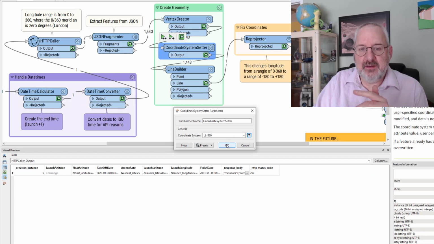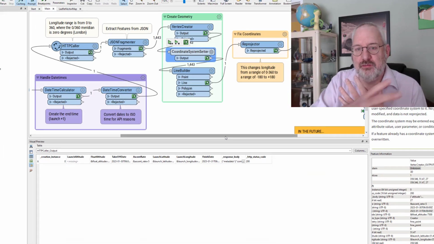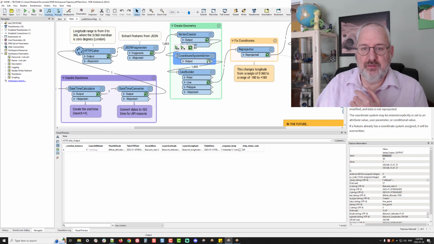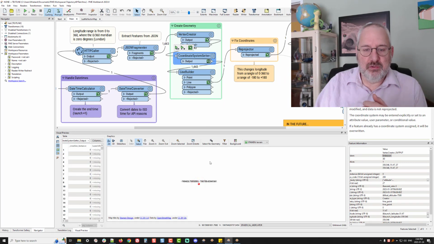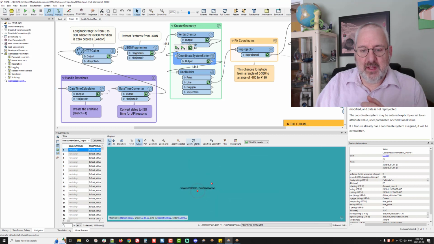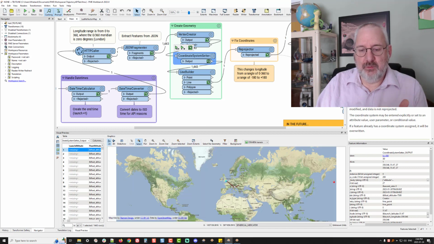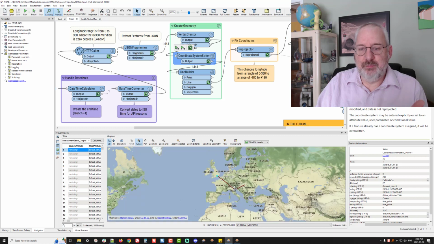LL360 deals with data that goes around the world in longitude from 0 to 360. And we can prove that, because when we look at the data out of there, it actually puts it into the right position, and FME says, oh yeah, that's LL360, I know what to do with it now.